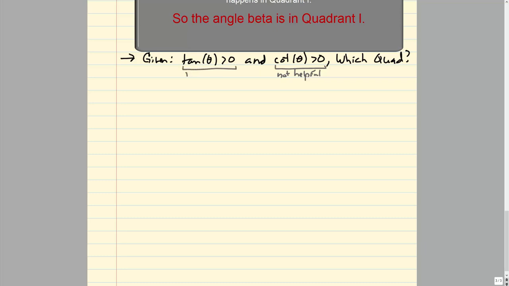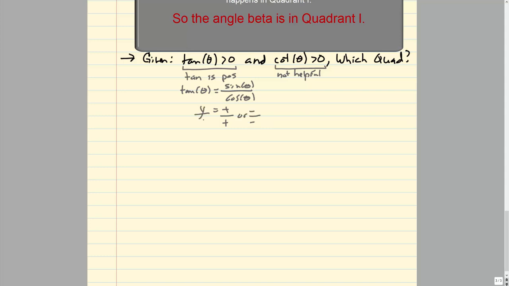So tangent is positive. Now remember, tangent is equal to y over x, or sine over cosine. Well, there are two ways that we could get this to be positive: if I have a positive over a positive or a negative over a negative.